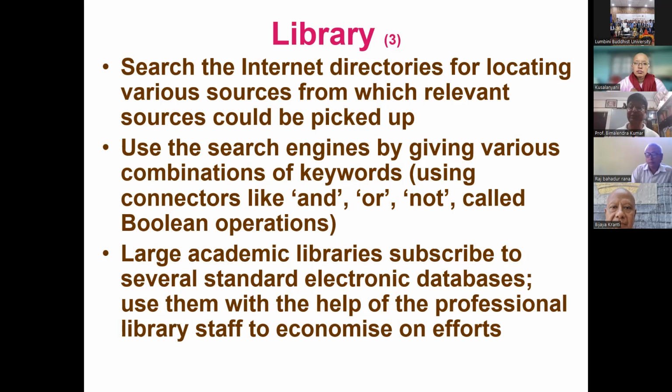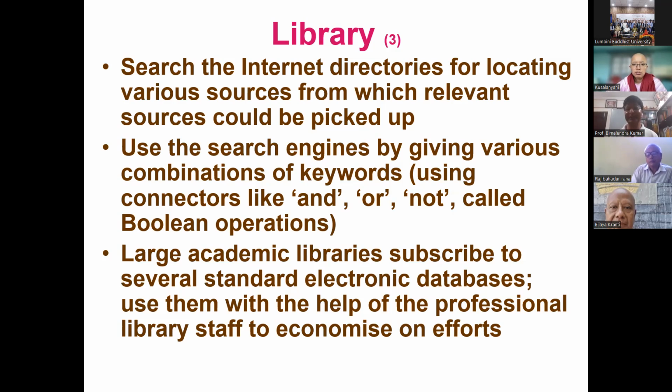Use them with the help of professional library staff to economize on the costs. Nowadays, the libraries are making annual subscriptions, or 5 years or 10 years, to access all the books and journals online. So it is very expensive also.